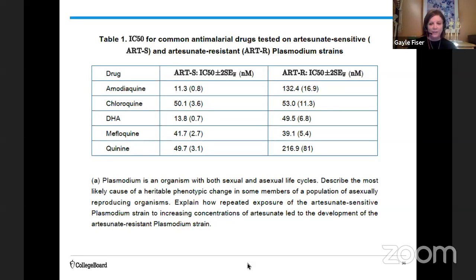Okay, so there's two things you need to do. Describe the likely cause of this phenotypic change, which is heritable from one offspring to the next generation, and explain how you go from some resistant to a population of resistant.